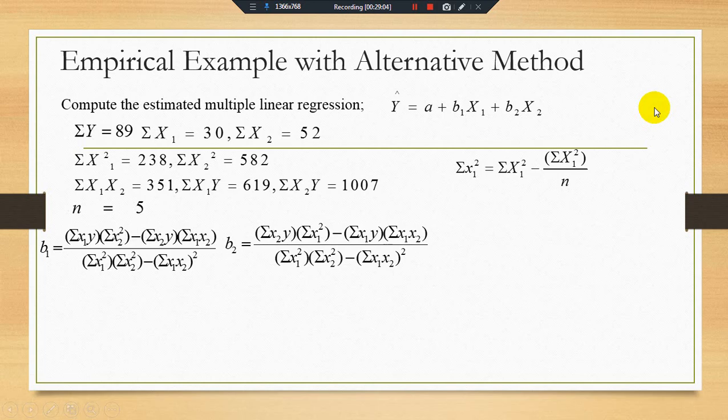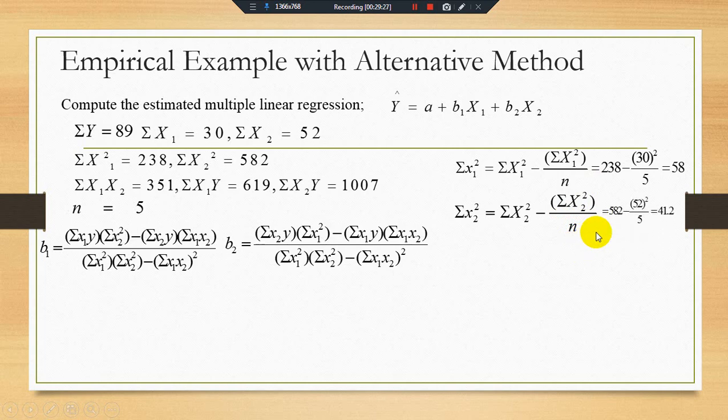Now we have the uppercase value here, summation x1 square, and for summation x2 deviation form, square is equal to summation X2 square minus summation X2 square divided by n, and we get this. And for getting the deviation summation x1 x2, we have this formula.